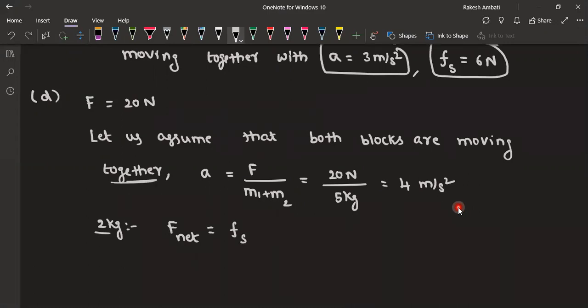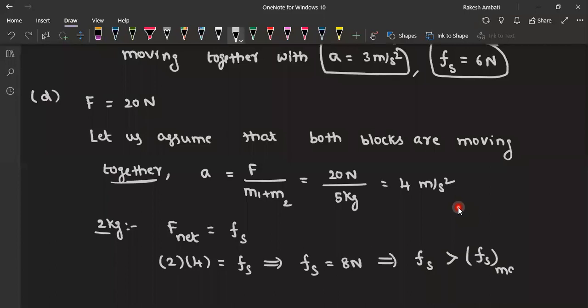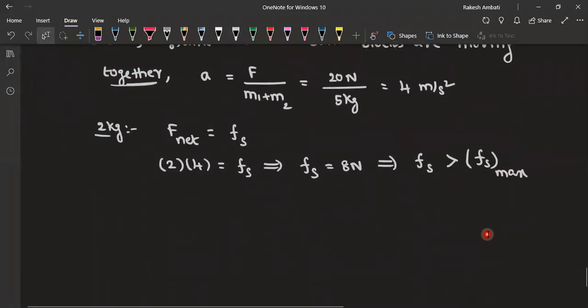Static. Resultant force means mass into acceleration. Mass 2 kg, acceleration 4, equal to Fs. That means Fs equal to 8 newtons. Now is this Fs value less than or equal to Fs maximum, or greater than Fs maximum? Greater than Fs maximum. If this is the condition, what is the conclusion? Are they moving together or separately? Separately. Therefore, both are moving separately.